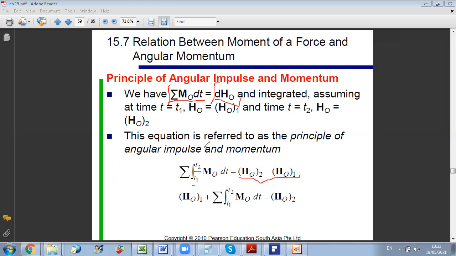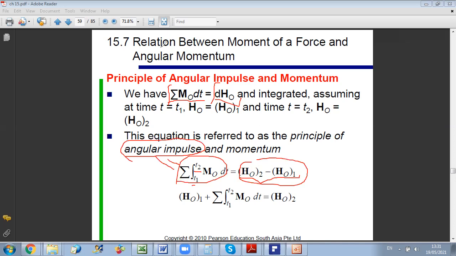We can deduce مثل ما عندنا linear impulse and momentum formula, عندنا نفس الشيء. فينا نقول انه sum of angular impulses, so هيدا الترم بنسميه angular impulse, is equal to the variation of angular momentum. يعني by analogy مثل ما عندنا هونيك sum of integral f dt equals mv2 minus mv1 هون عندنا sum of integral t1 t2 m moment dt اللي هو اسمه angular impulse equal to angular momentum at state 2 minus angular momentum at state 1.